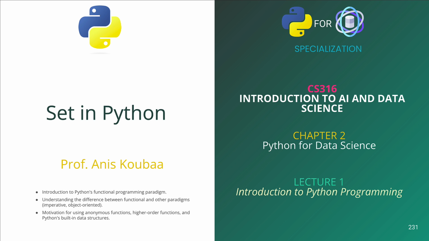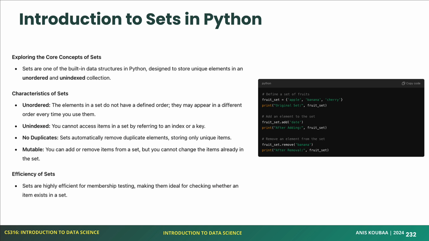The last data structure that we are going to cover today is the set. A set is also a built-in data structure in Python designed to store unique elements. Like sets in Java or in general data structures, it doesn't allow duplicate values, as you already know. It is unordered.